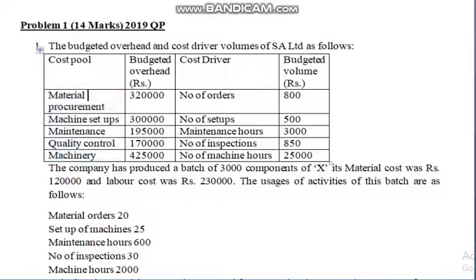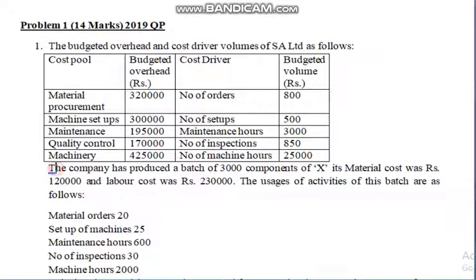Material procurement is based on number of orders, machine setup is based on number of setups, maintenance cost is based on maintenance hours, quality control is based on number of inspections, and the cost of machinery is based on the number of machine hours. This is the cost incurred to produce a product and this is the basis for allocation of cost.